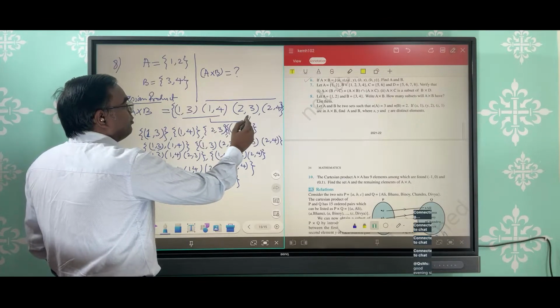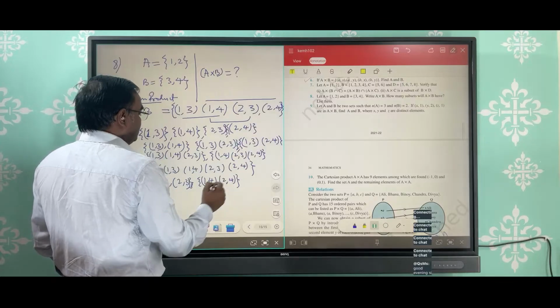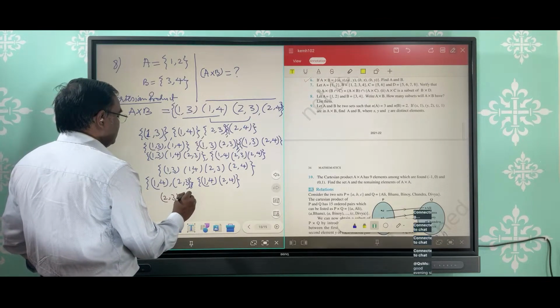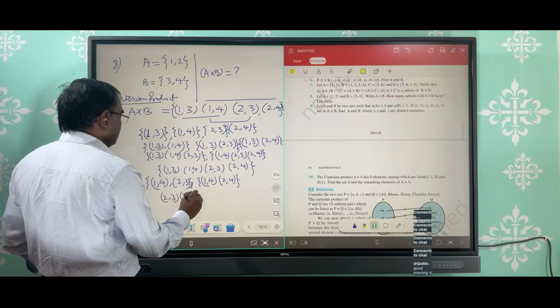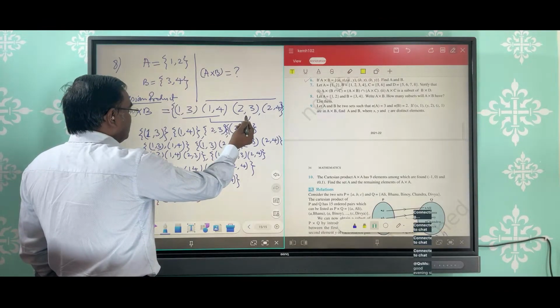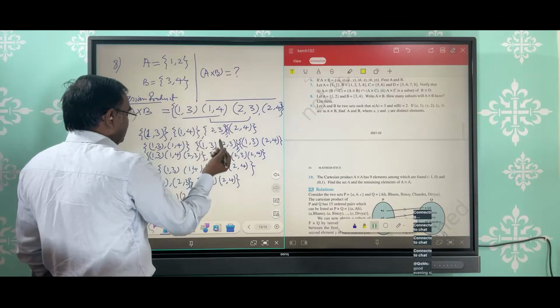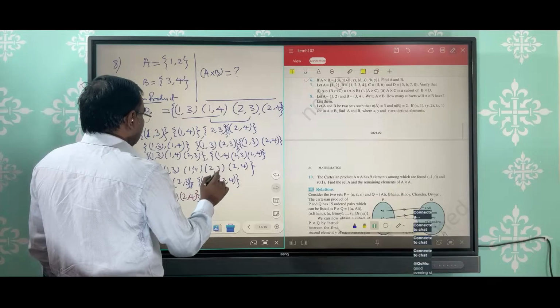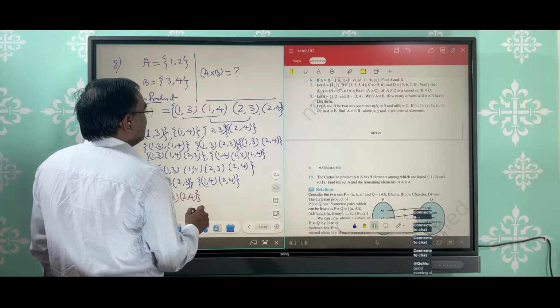But what about (2,3) (2,4)? This is another subset, and (1,3) (2,3) is already done. So that is 13.